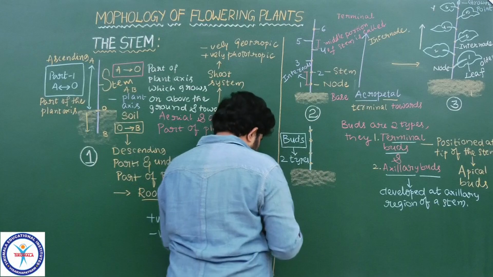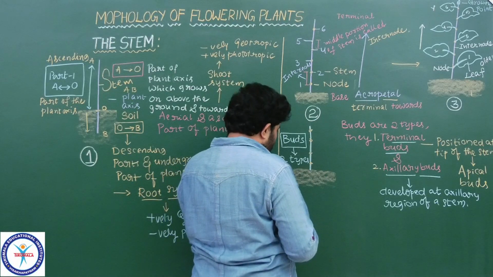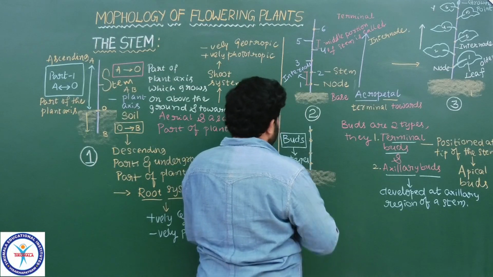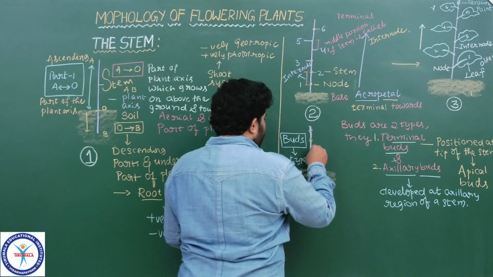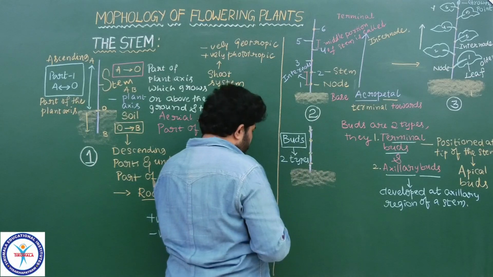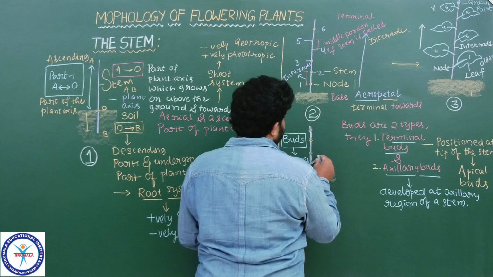See here, we are expecting a leaf to be produced here. This is the stem, the ascending part of the plant axis. From here only we are expecting a leaf to be generated.